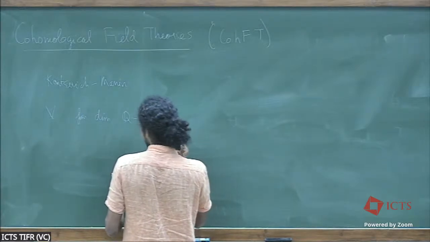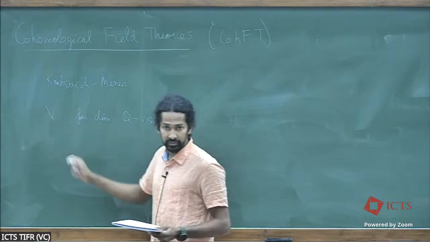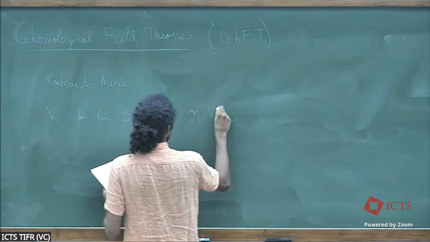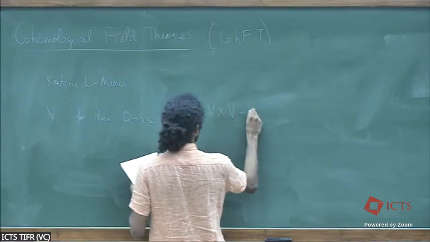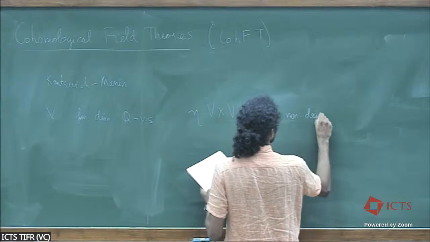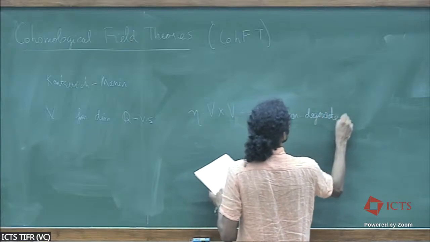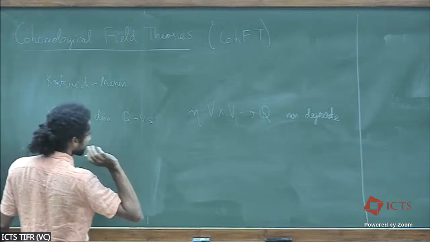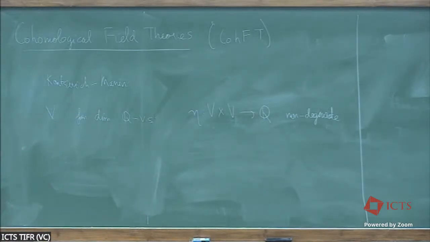If you're a Gromov-Witten person, you can think of this as the cohomology of your target. I'll take some non-degenerate bilinear pairing. And I'm going to just choose a basis for V, I'm not sure if it's really much simpler, but at least I won't get things wrong.